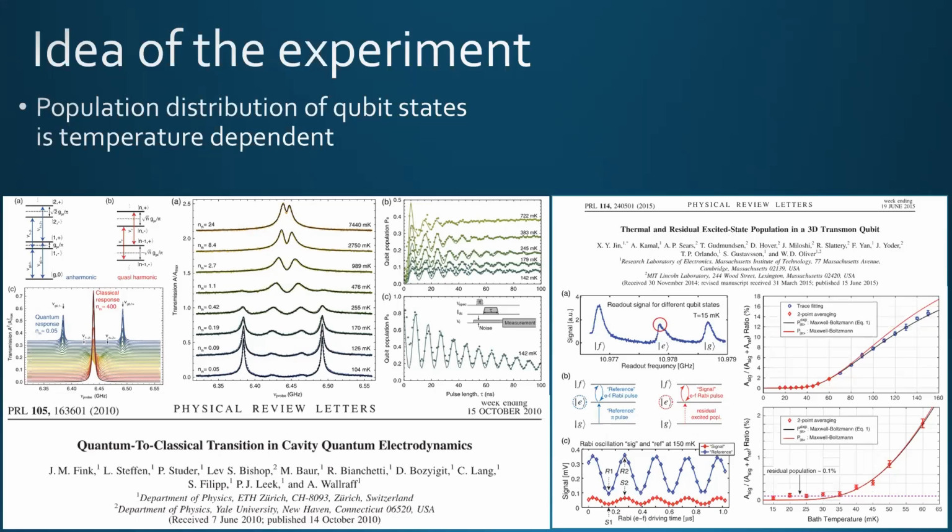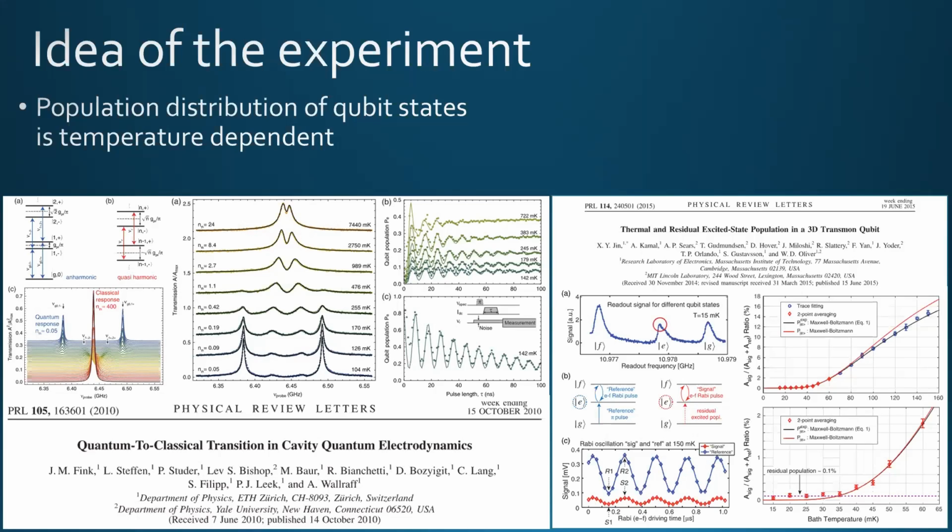For example, on the right, you can see the paper where the authors used the population distribution to measure the effective temperature. Well, okay, they measured this independently, but there is a clear dependence between the temperature and the population distribution.